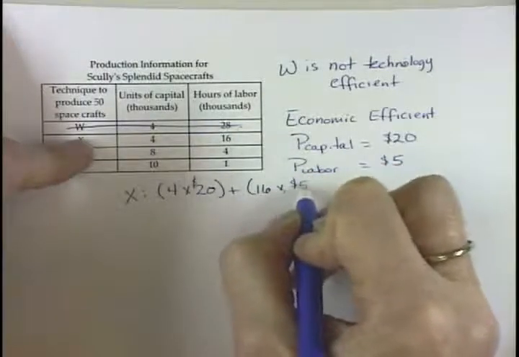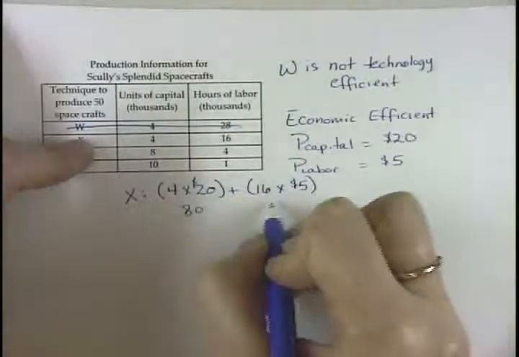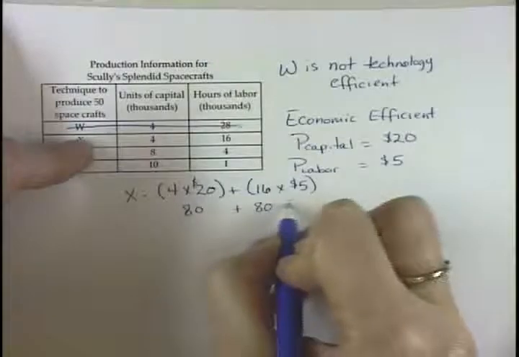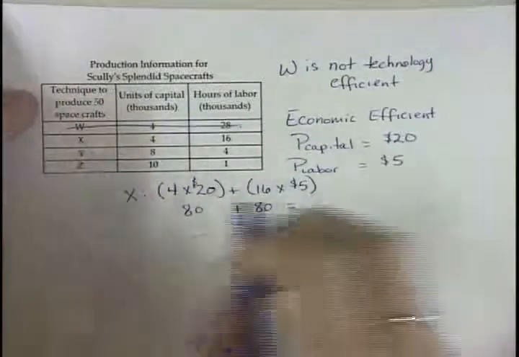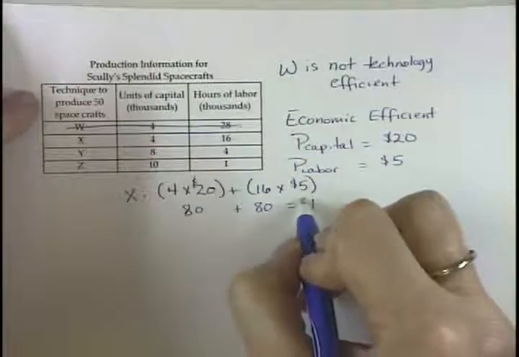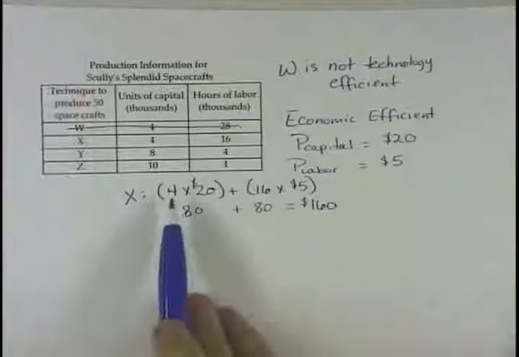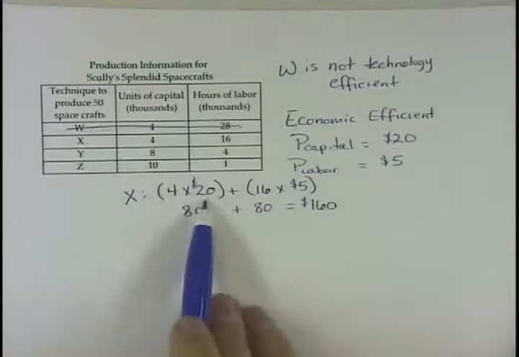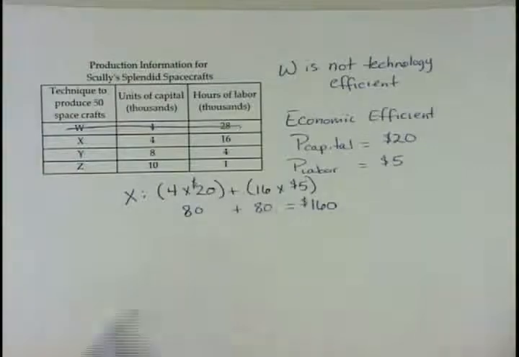Each unit costs $5. So this is 80 and this is 80. The total cost of production for method X is $160. We're just taking the number of units of capital times the price of capital plus the number of units of labor needed times the cost of labor.